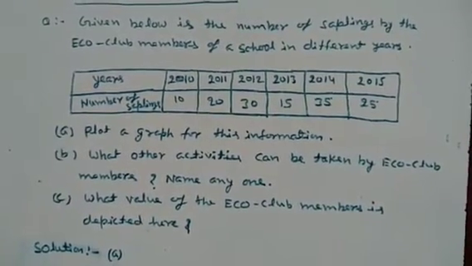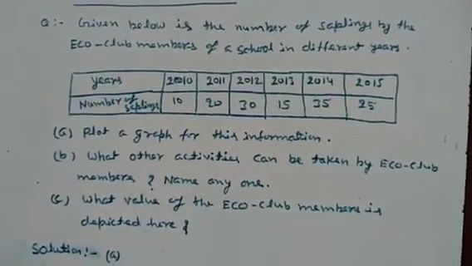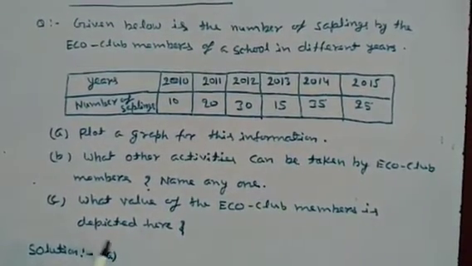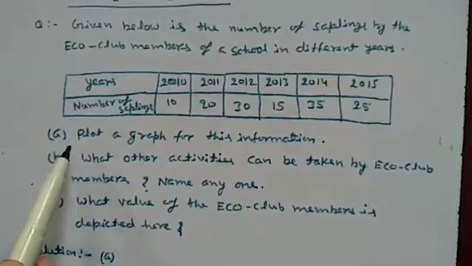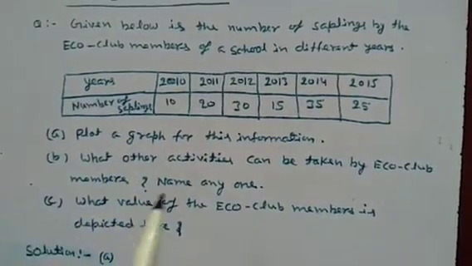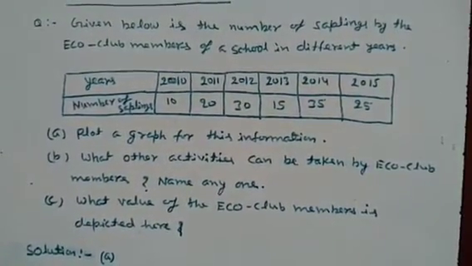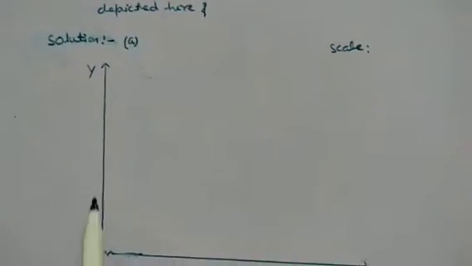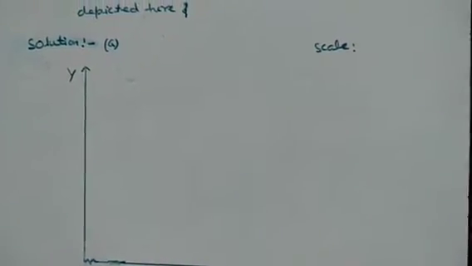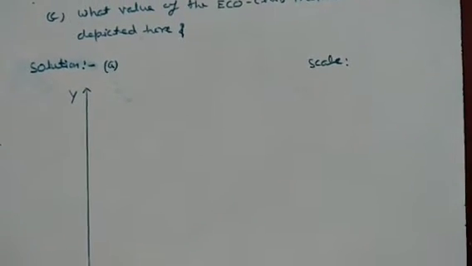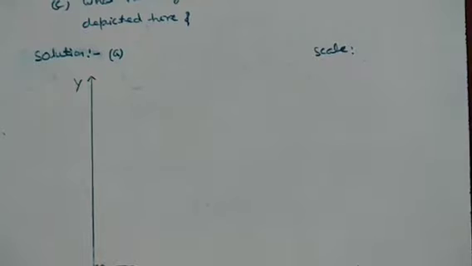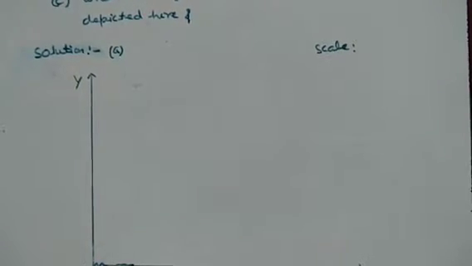Solution of question A. Children, in question A we have to draw a graph for this information. For this we draw a perpendicular line like this, and another perpendicular line, horizontal line XO and YO.